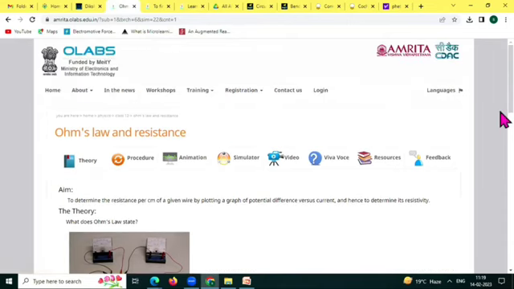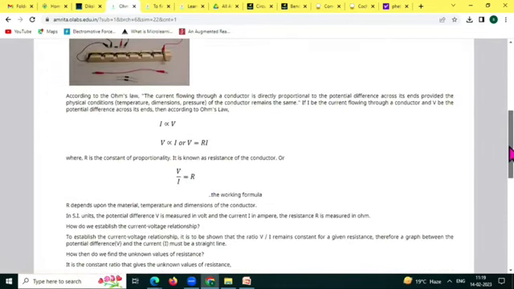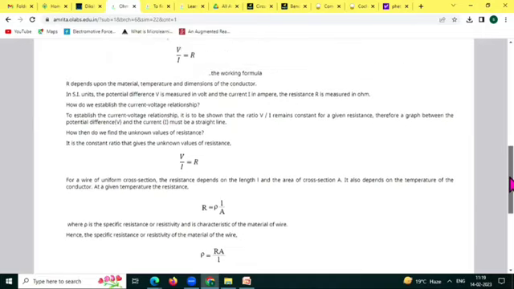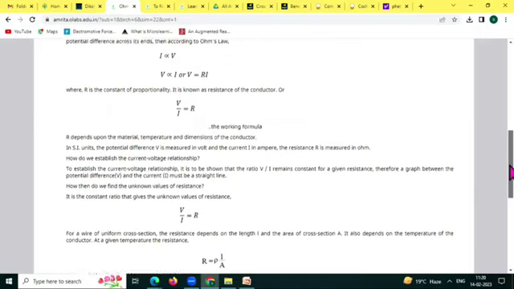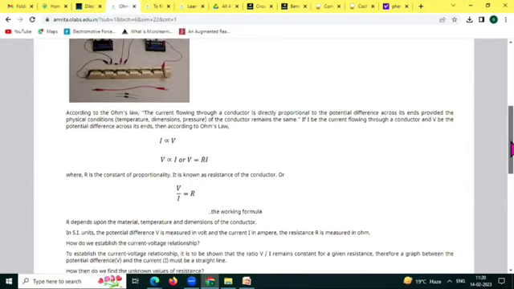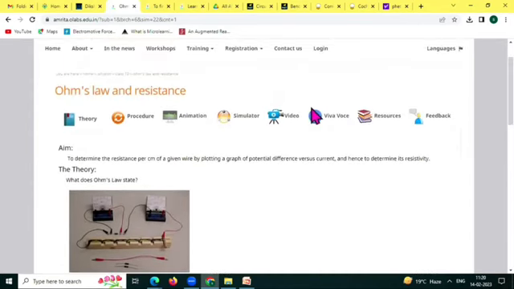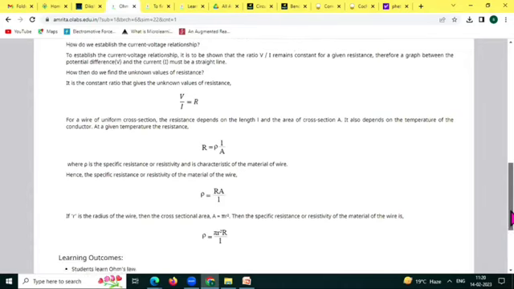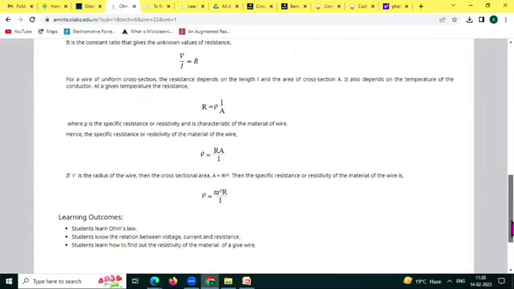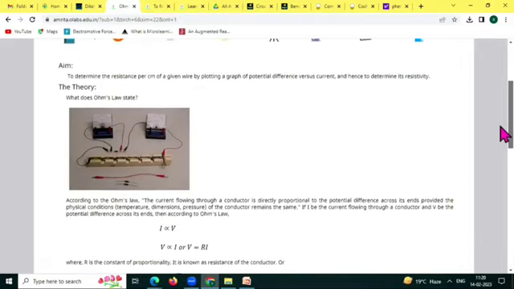The theory part of this experiment is given, that how Ohm's law is applicable here for the given wire, that I is proportional to V, or V upon I is equal to R. From this formula we can find out the resistance. Then for the resistivity, the formula that can be used is rho is equal to R into A divided by L, that is resistance of the given material, into area of cross section divided by length of the given material.